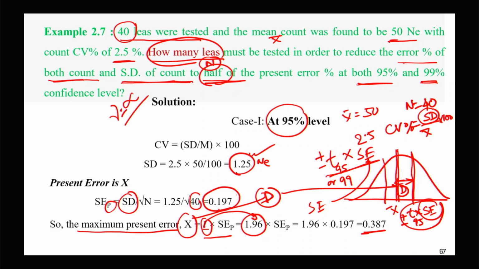This is the maximum error. So this d is 0.387.